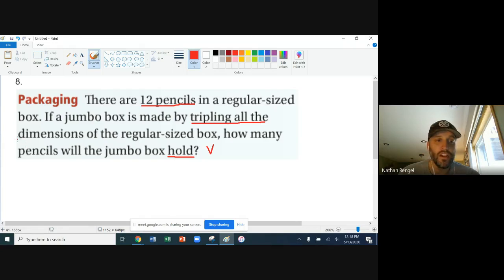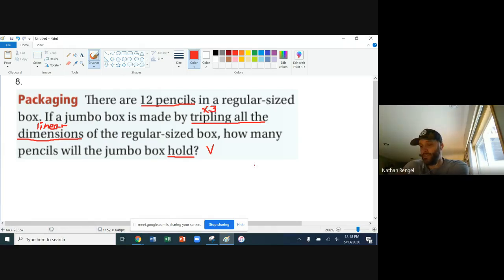Now the dimensions are the measurements of the edges, which are the linear measurements. And in a box like this, we are going to have 3 linear measurements: a length, a width, and a height. So we are tripling those measurements. Tripling is going to mean that we're going to times it by 3.